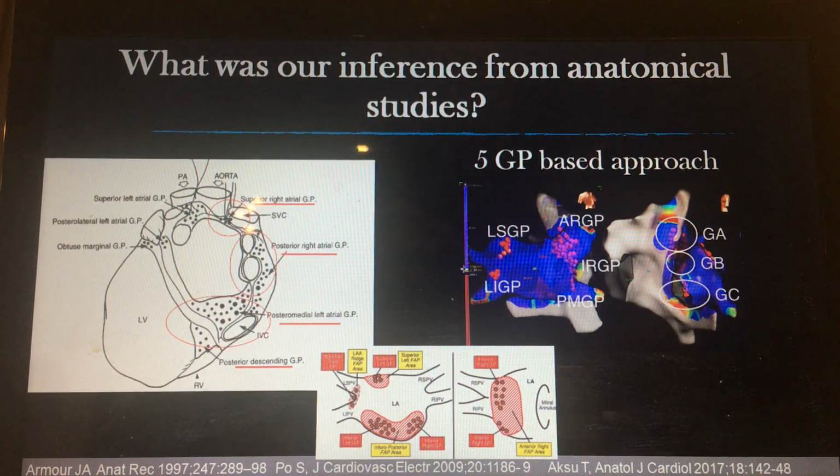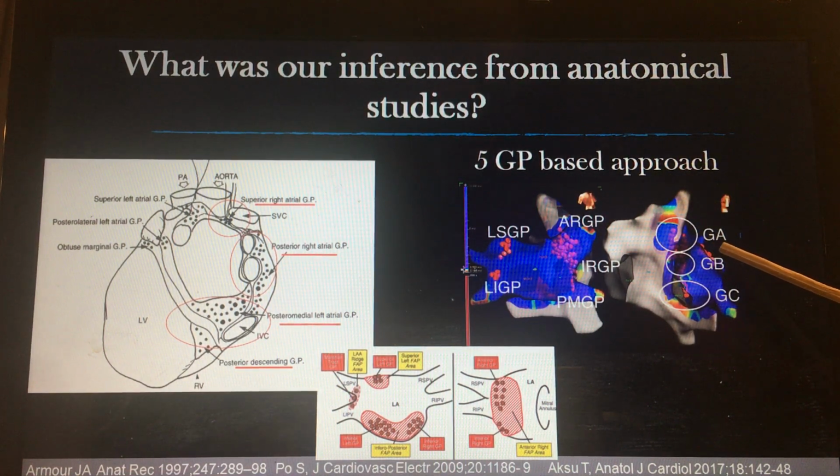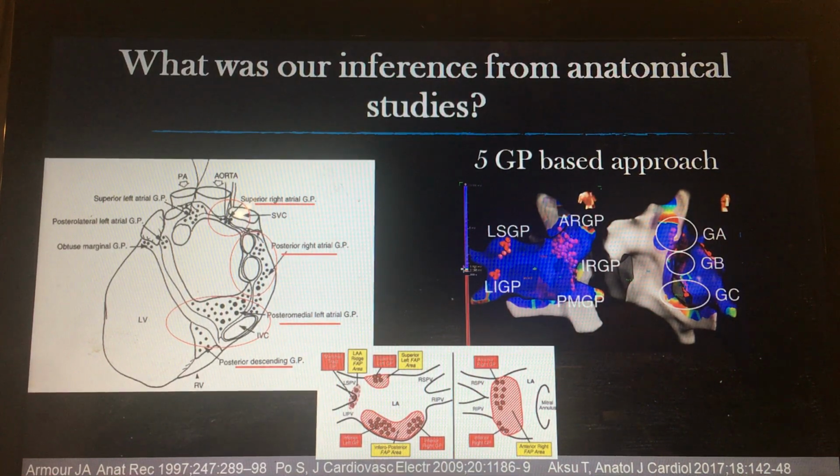According to our classification system, ganglion A is the head station for atrial parasympathetic innervation, and this ganglion is located between the superior vena cava and aorta. And you can also see some neurons of this ganglion in the higher part of the right superior pulmonary vein.